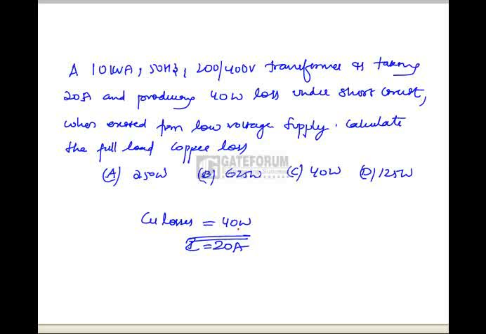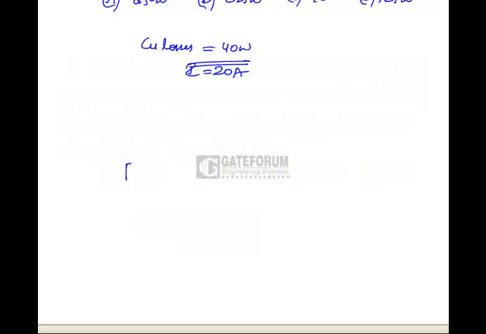Now what is the full load current here? Full load current is the transformer rating of 10 kVA divided by 200 volts, generally short circuit is done on the low voltage side. So this is 50 amperes.